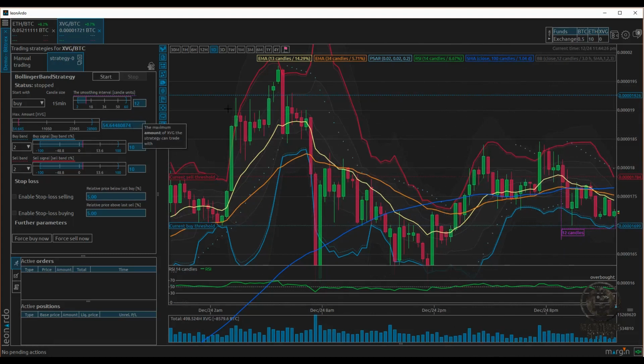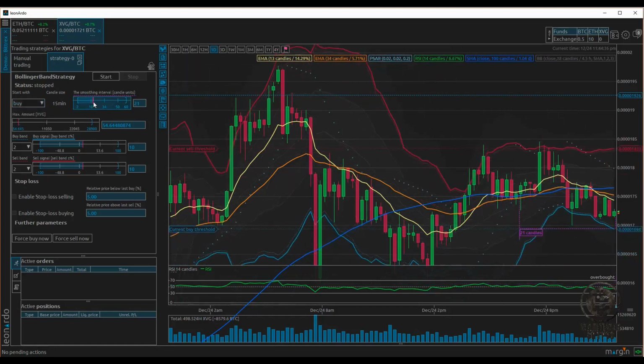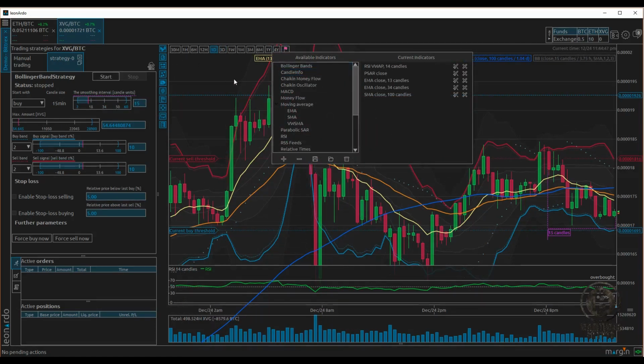Now it has different options here, so you can start the bot with either a buy or a sell. Here you define how many candles the Bollinger Band uses to calculate. It works exactly the same way as the Bollinger Band indicator.